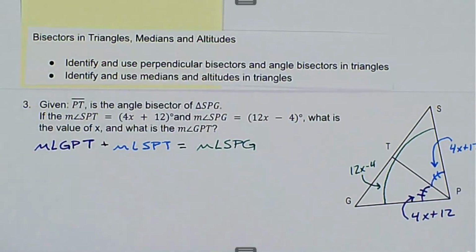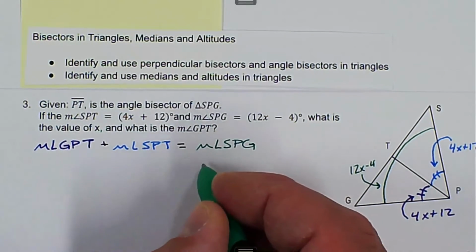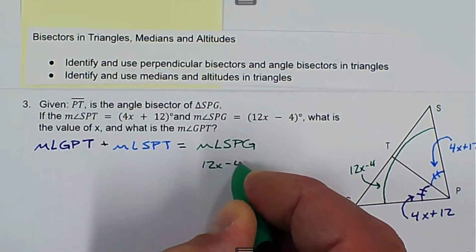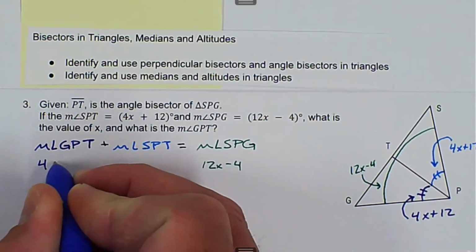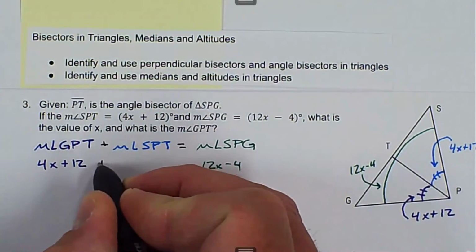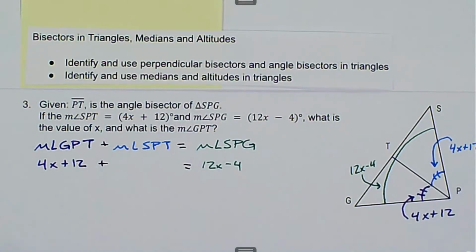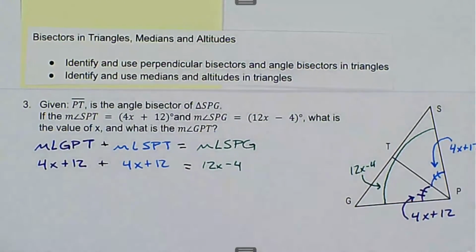Then we want to substitute those values in. So the value of SPG is 12x minus 4. And we know that these other two values are 4x plus 12. So we just substitute those in from our drawing over here.